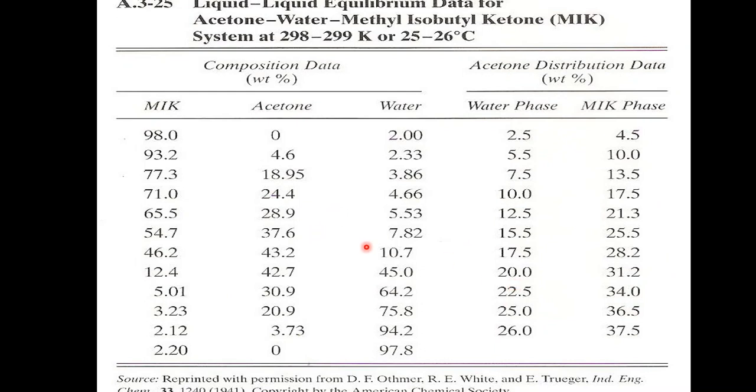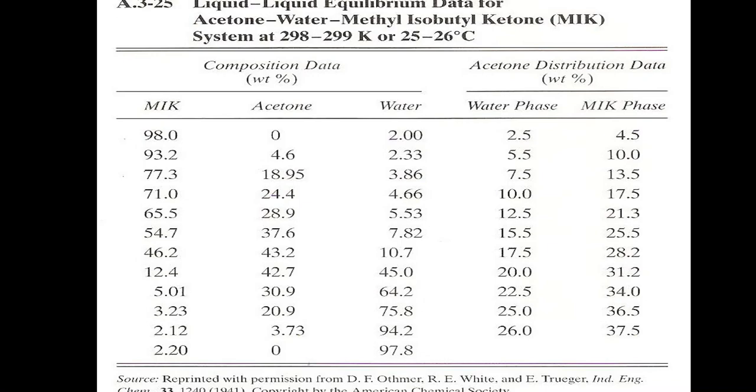How is this table to be translated into equilibrium data that are linked together? One will not exist without the other. And by the way, class, this data is only true for this system. If we change the system, we change the data in here. And this is empirically determined.